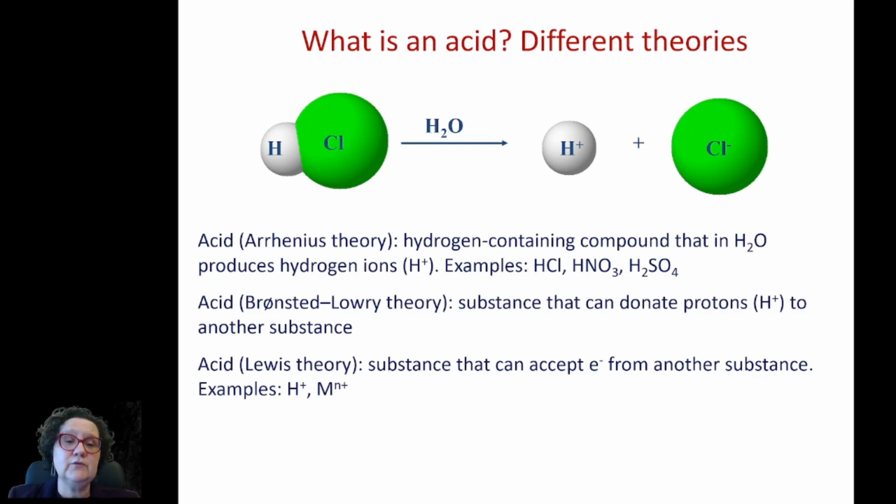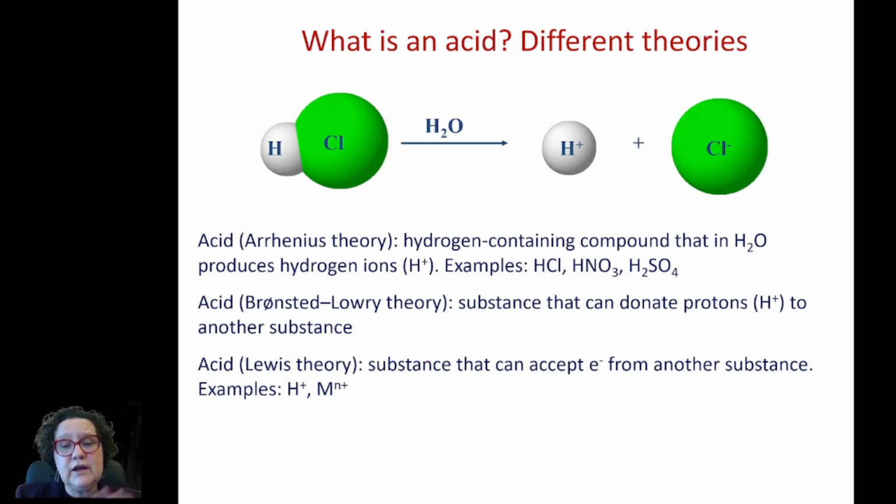So Arrhenius theory is a compound that has hydrogen that, when dissolving in water, liberates the hydrogen as a hydrogen ion, an H+ cation. Bronsted-Lowry theory, any substance that can, when dissolving in water, donate hydrogen ions, H+ ions, to another substance.